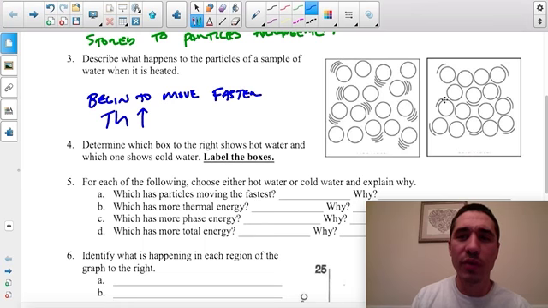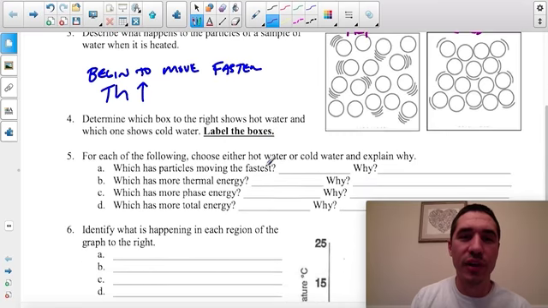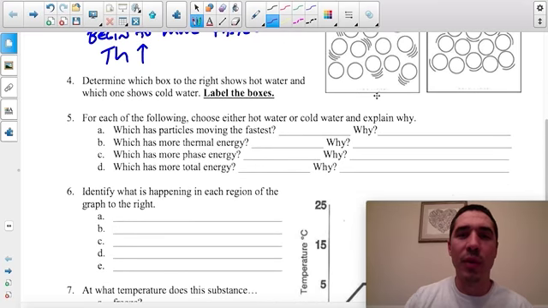So over here we have two samples of water. One is hot water, one is cold water. And what I would label is that the hot water is over on this side and the cold water is over on this side. So for each of the following, either choose hot water or cold water and explain why. Which particles are moving faster? Well, the reason we chose this one is it has more of the little motion lines.